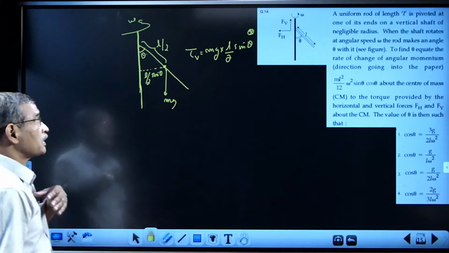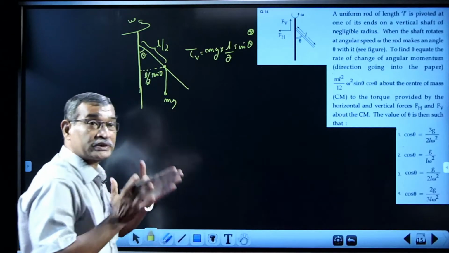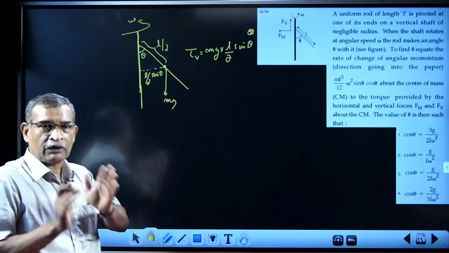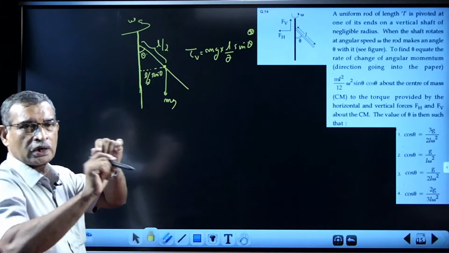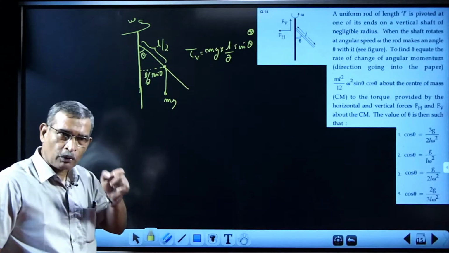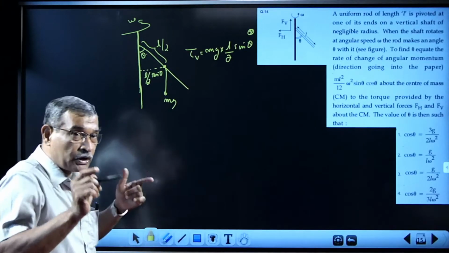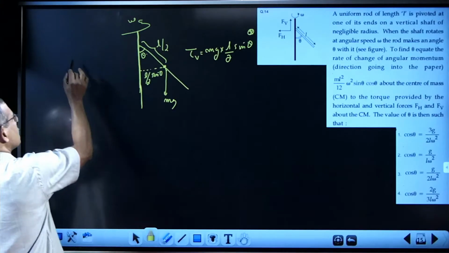Now, there is a torque due to a horizontal force. And what is that horizontal force? Fh. It's a rotating frame, so the centrifugal force acts in the horizontal direction. That is the one which provides the horizontal force. To calculate that, I am drawing this figure again.